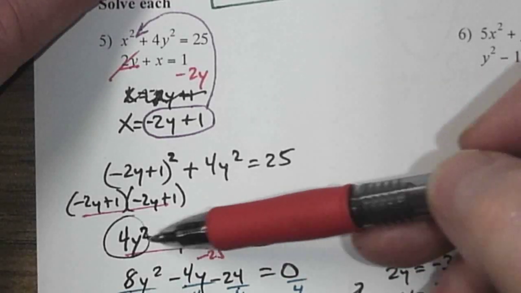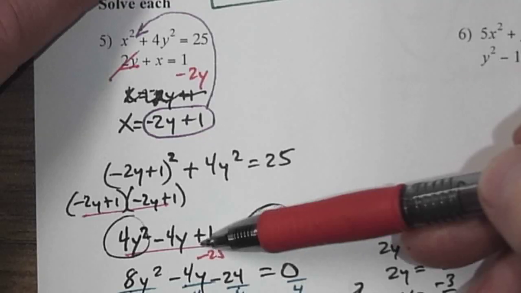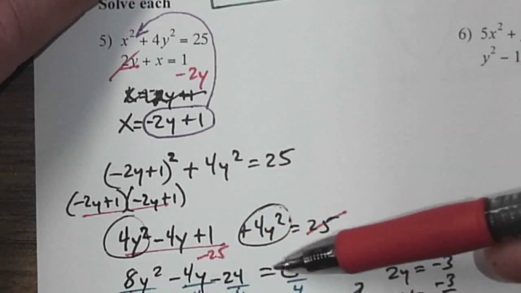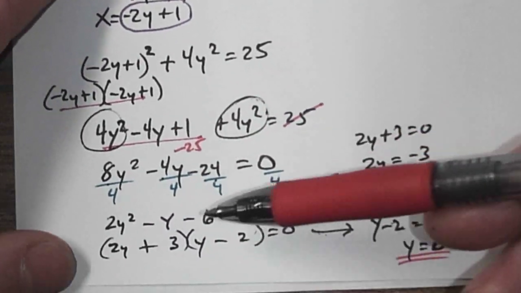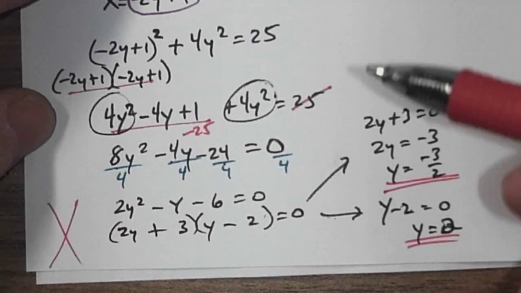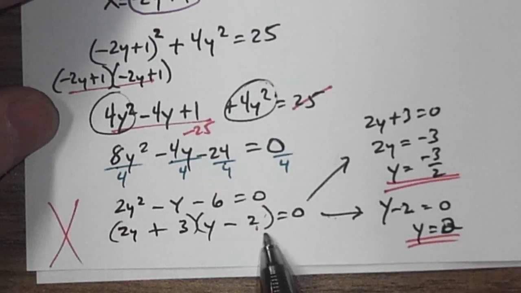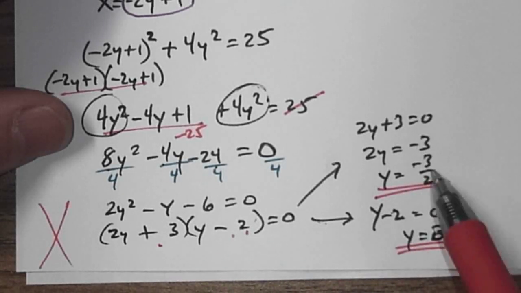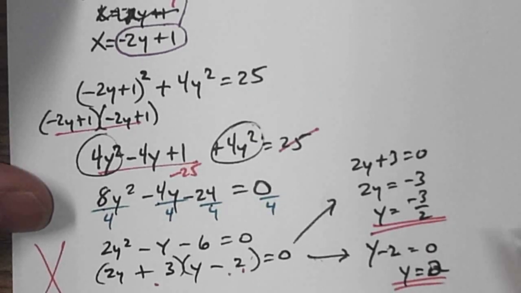Combine it with these like terms, 4 and 4 make 8. And then subtract the 25 here and get there. I notice they're all divisible by 4, so I divide everything by 4. And then I factor. Basically I did this in my head, and I got these things here. Solve each one and get negative 3 halves and 2.